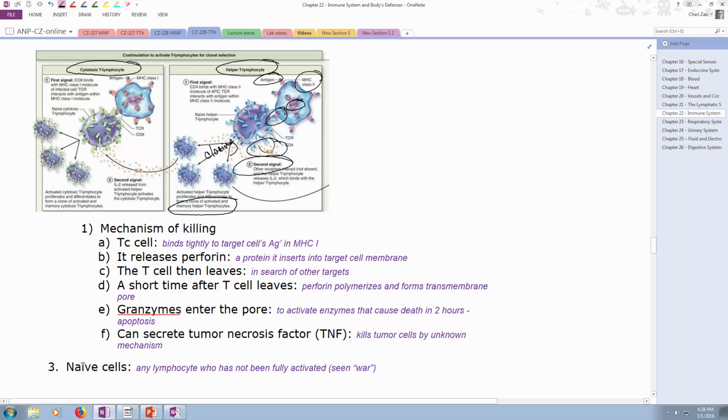Realize the process is very similar. However, the CD8 cell, the cytotoxic cell, doesn't need MHC2. It responds to MHC1. So let's take a look here. That's what's really nice about an APC, an antigen-presenting cell. It has MHC1 and MHC2 on it, correct?